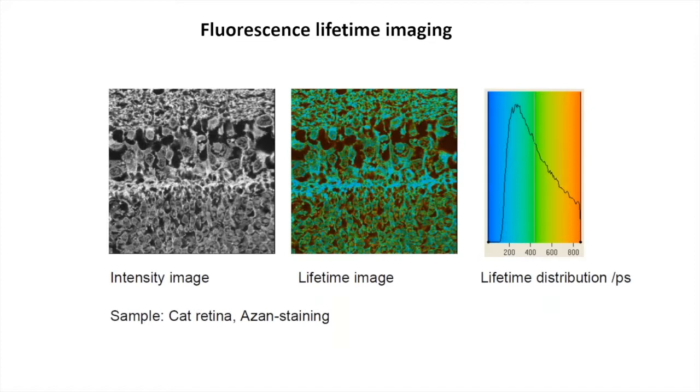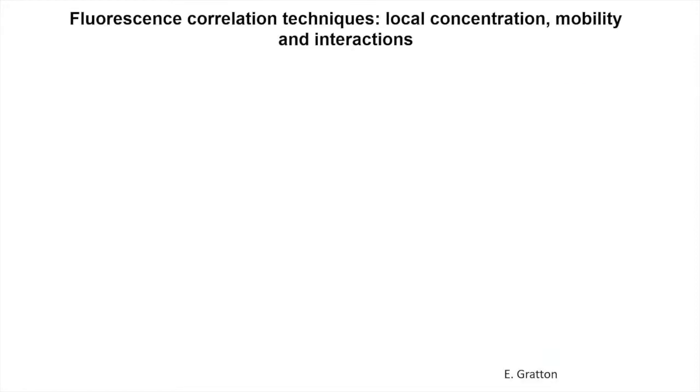This is an example of an intensity image, which is less revealing, but the fluorescence lifetime image shows a number of lifetime changes suggesting FRET in this tissue slice. You could then build the histogram of lifetime distribution and measure FRET. That means you could get local pixel-based information about protein-protein interaction in different live samples.